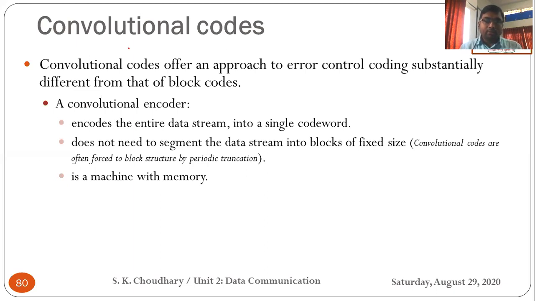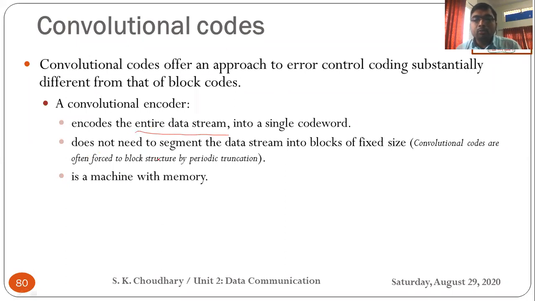In block codes, what happens? It does the encoding in segments or blocks of data. But in the case of a convolutional encoder, it encodes the entire data stream into a single code word.